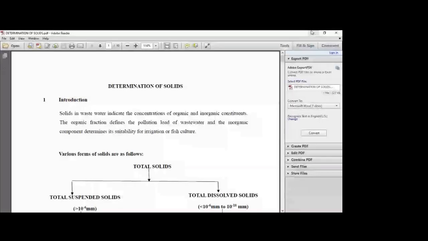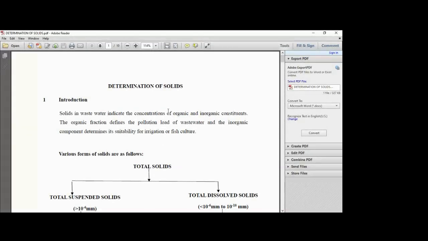Okay, you can tell me in the chat section if my voice is clear and if the PDF is visible or not. Someone from you can tell me quickly in the chat box about my voice and the visibility. Okay, audible and visible. Thank you.